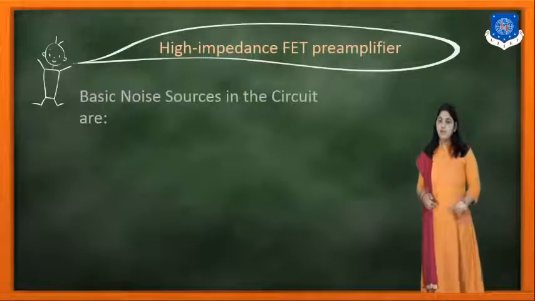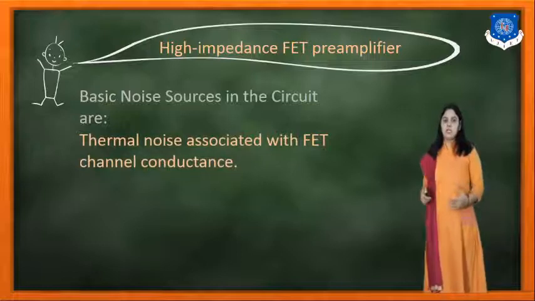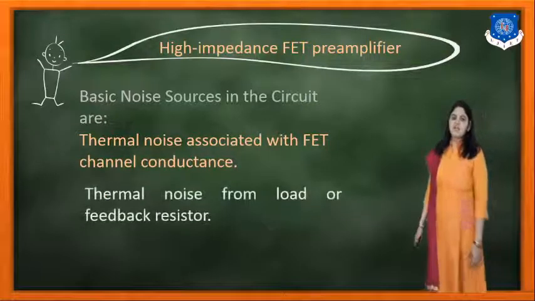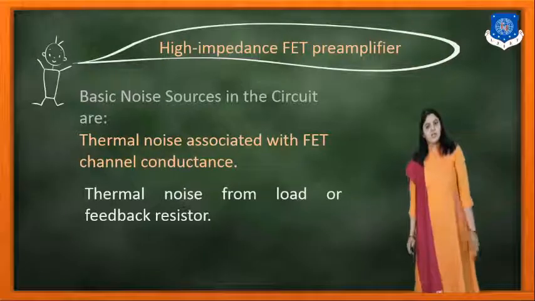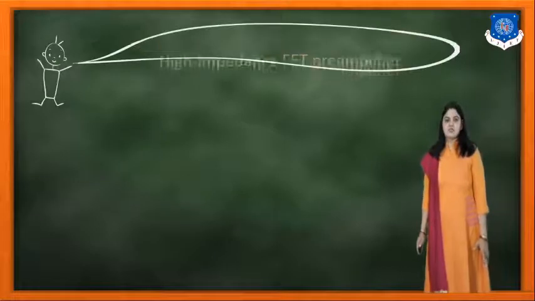Now the equations for all this: the basic noise sources in the circuit are the thermal noise associated with the FET channel conductors, and the thermal noise from the load or the feedback resistors.